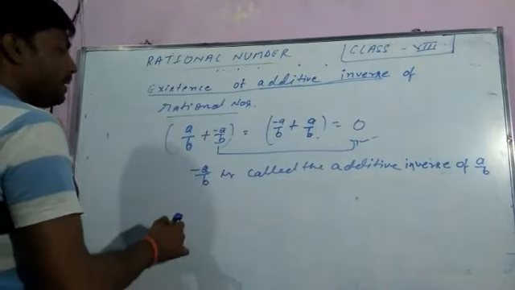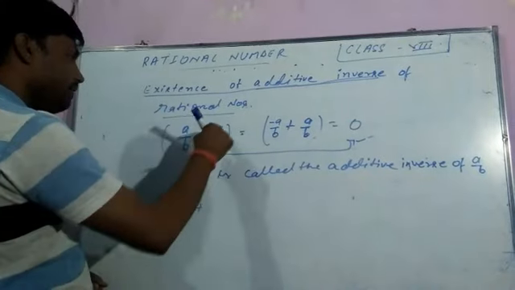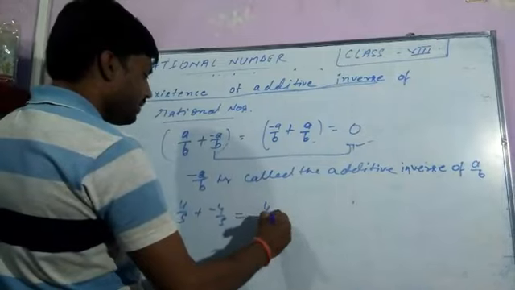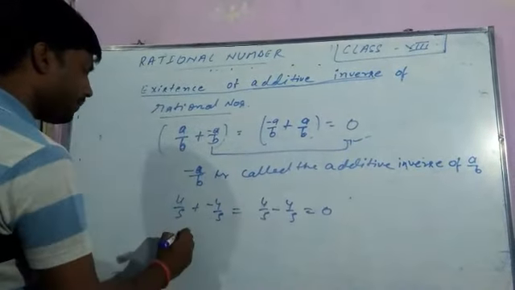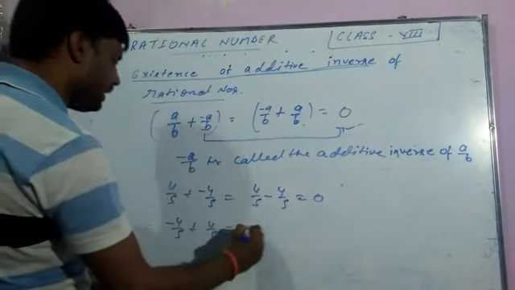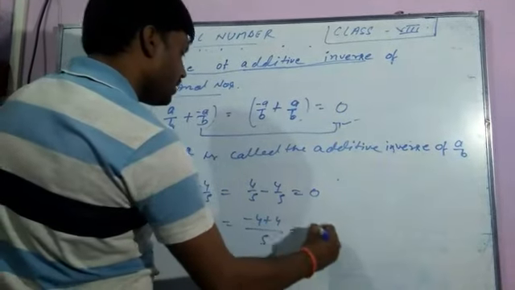We take an example. 4/5 plus, then we have to write here minus 4/5. What will we get? The result 4/5 minus 4/5 is equal to 0. In the second, minus 4/5 plus 4/5, we get the result minus 4 plus 4/5 equal to 0.